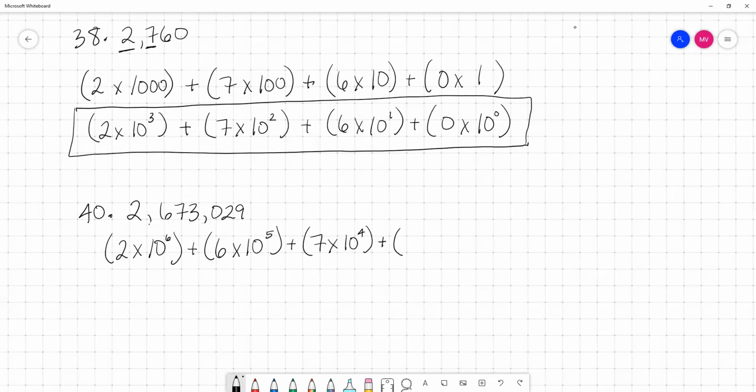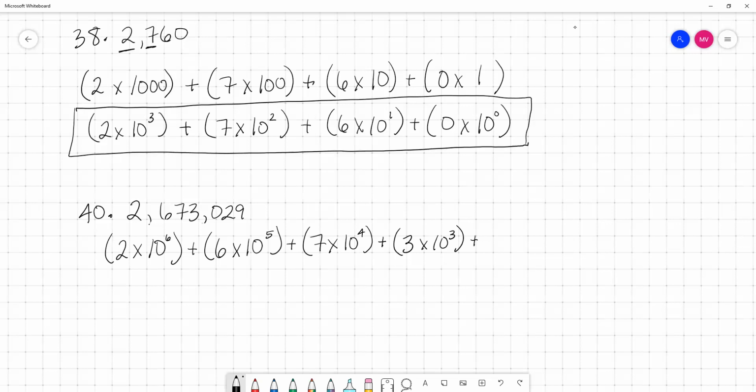Right? Okay, so let's see, sorry, lost track of, we did the 7. So then we have 3. 3 times 10 to the third, because that's the thousands place. Now, there is a 0 in the hundreds place. So we don't include that in our exponential form. We would leave that. It's an understood 0.